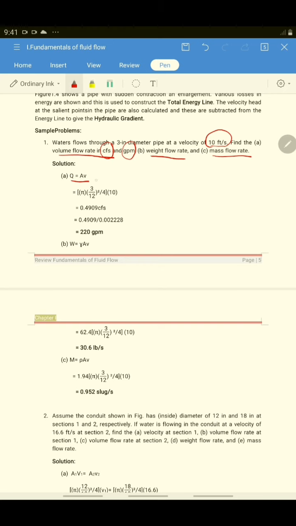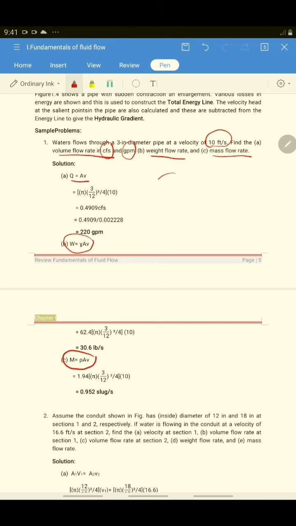For the volume flow rate, the formula is just equal to the area of flow times the velocity. And for the weight flow rate, the formula is the unit weight or the specific weight of the fluid times the area of flow times the velocity. And the mass flow rate is equal to the density of the fluid times the area of flow times the velocity.